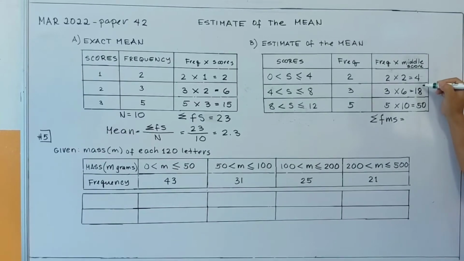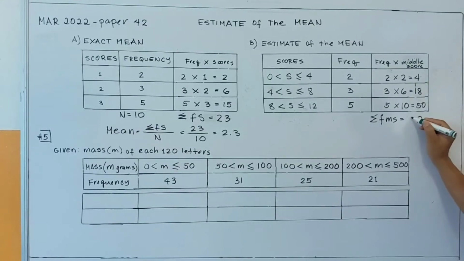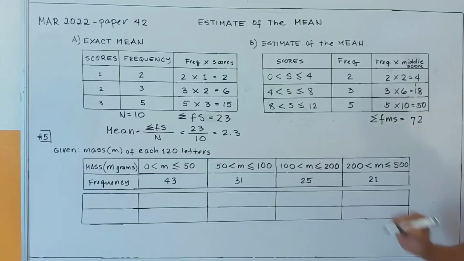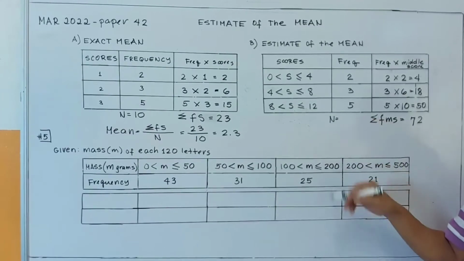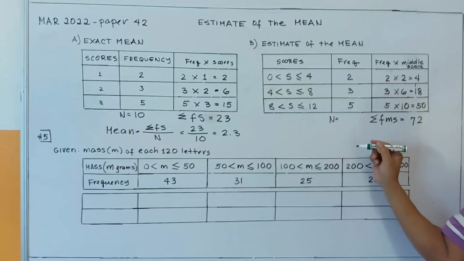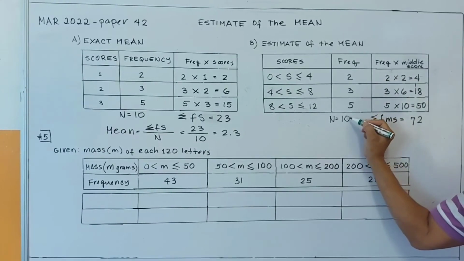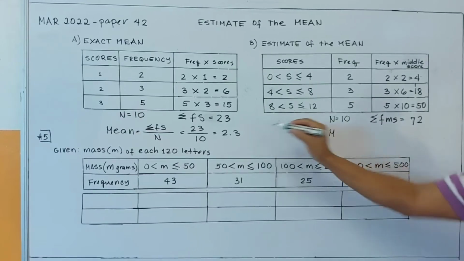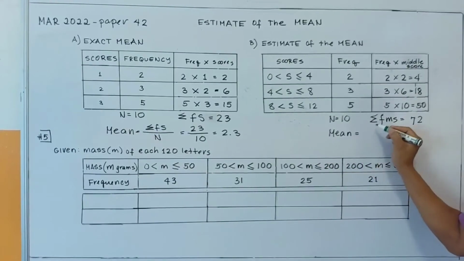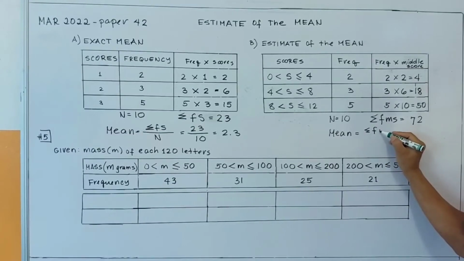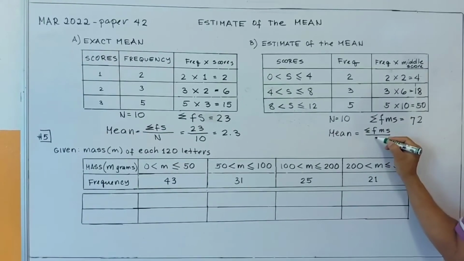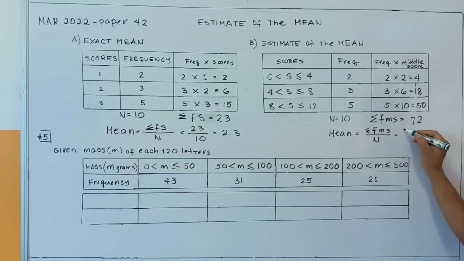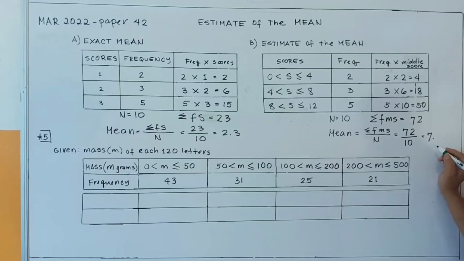Getting the total, we have 72. And what is our n? Don't forget that we should always get the total number of frequency, which is 10 here. And then the mean is the same. We have the summation of frequency times the middle score divided by n. Here we have 72 divided by 10, and our mean or estimate of the mean is 7.2.